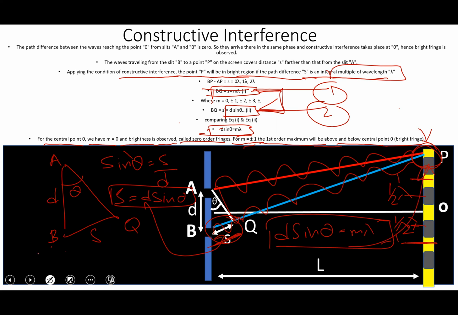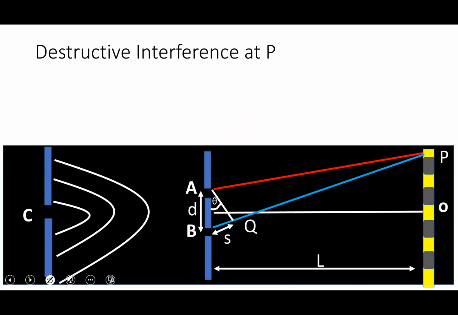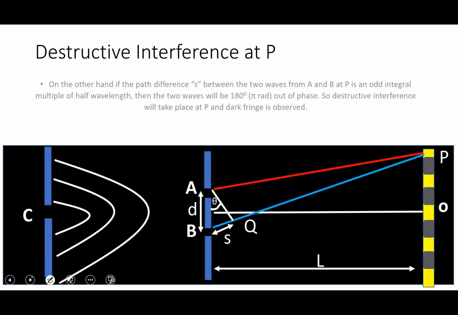Now for the destructive interference. In destructive interference, almost everything remains the same, but at this point, which was a bright fringe, if this distance, which is S, is equal to half a lambda, then over here there will be a dark fringe.